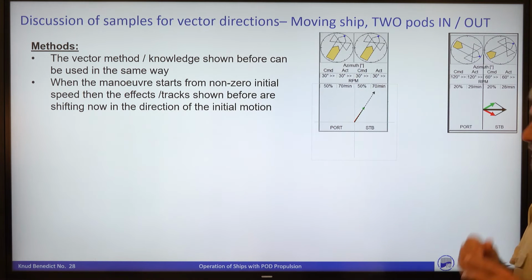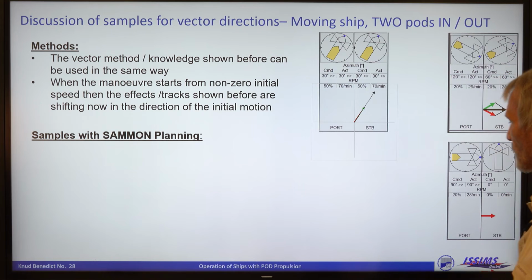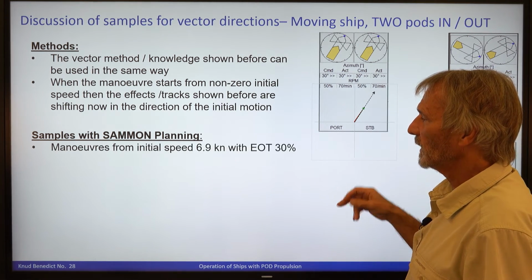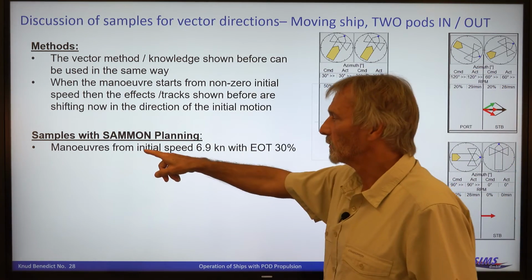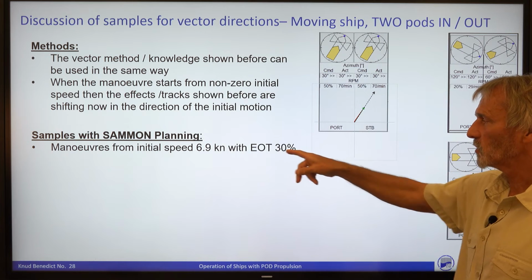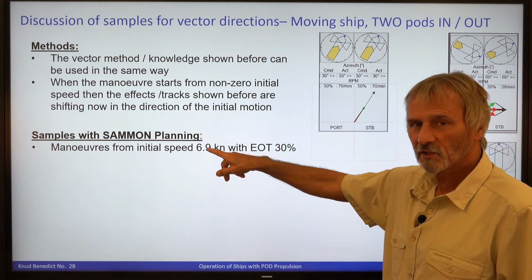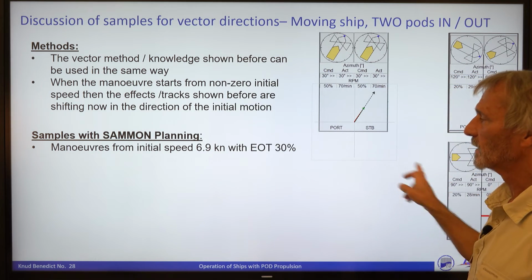So it's very easy to keep that in mind. The samples I will show with the SAMMON planning tool will be first maneuvers from an initial speed of about 7 knots with the engine order setting of 30%. This is the steady state speed for these settings.